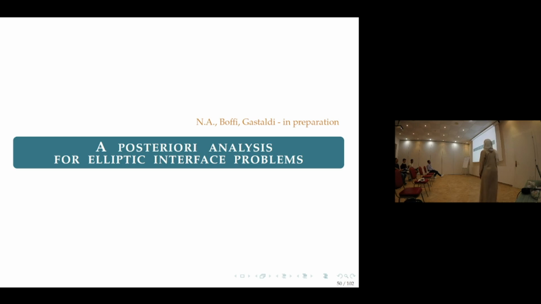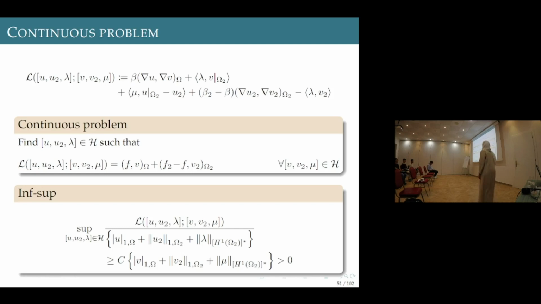So here we're talking about a posteriori analysis of elliptic interface problems. If you remember our problem, I will rewrite it here using the bilinear form L as the sum of all the left-hand side. My problem is to find U2 and lambda at the continuous level, such that L equals the scalar product FV plus the scalar product F2 minus FV2.